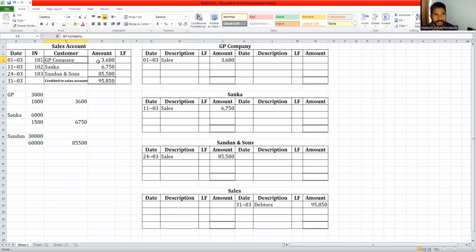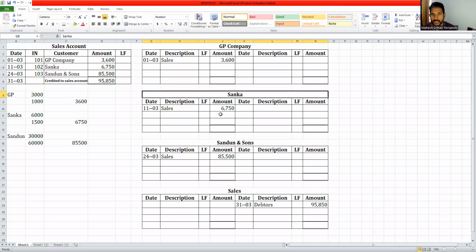JP company sales is 3,600. How do we get it? 4,000 minus 10%, 3,600. On the same day, JP company account is debited. Then we have the second credit sale, to Sanka on 11th of March. The amount is 6,750.